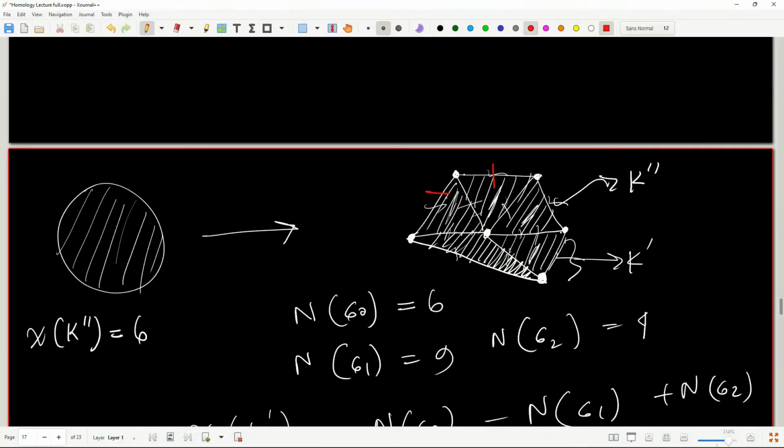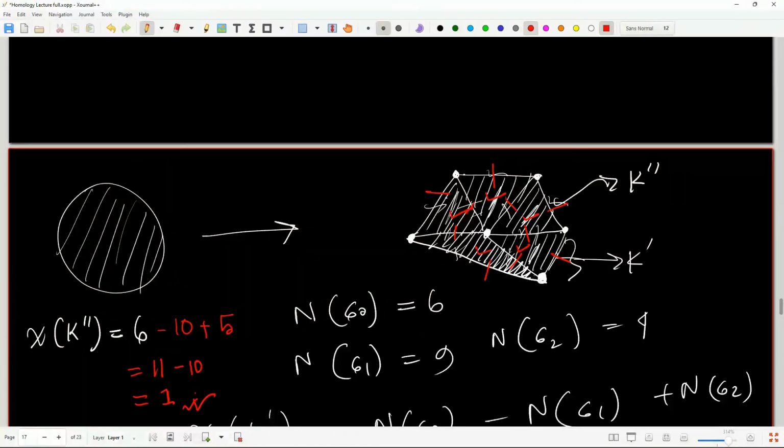This is 1, 2, 3, 4, 5, 6, 7, 8, 9, 10. So you have minus 10. How many faces? 1, 2, 3, 4, 5. Again, 11 minus 10. What is that? This is just 1. Now you see, it really doesn't matter what sort of a triangulation you are taking. Your Euler characteristic will always be independent of a triangulation.